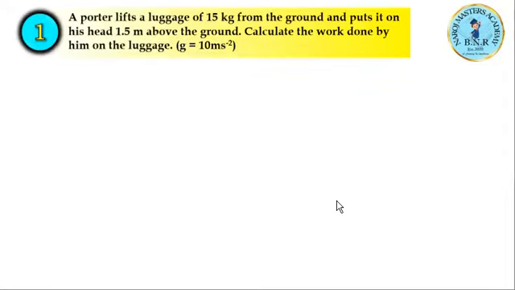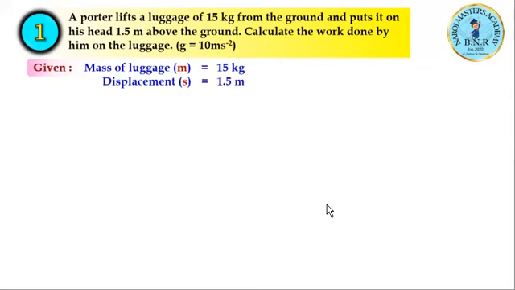A porter lifts a luggage of 15 kg from the ground and puts it on his head 1.5 meters above the ground. Calculate the work done by him on the luggage if the acceleration due to gravity is 10 meter per second square. Mass of luggage m is equal to 15 kg. Displacement is 1.5 meters. Find work done.